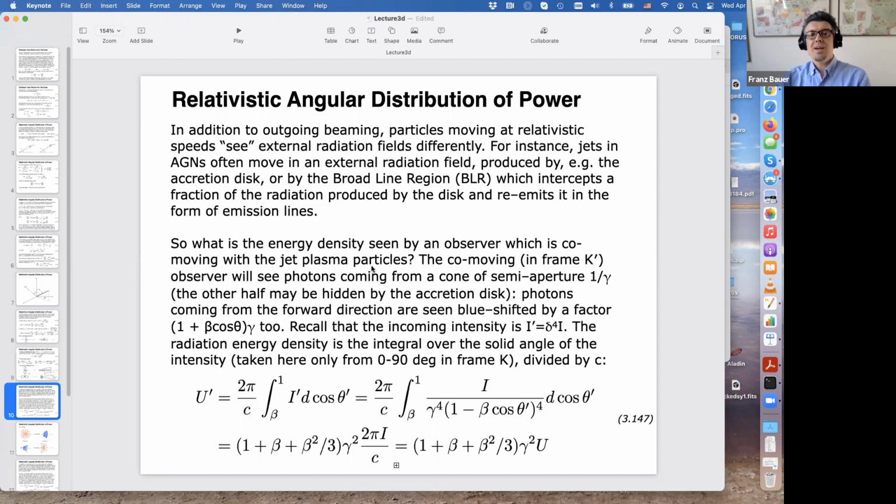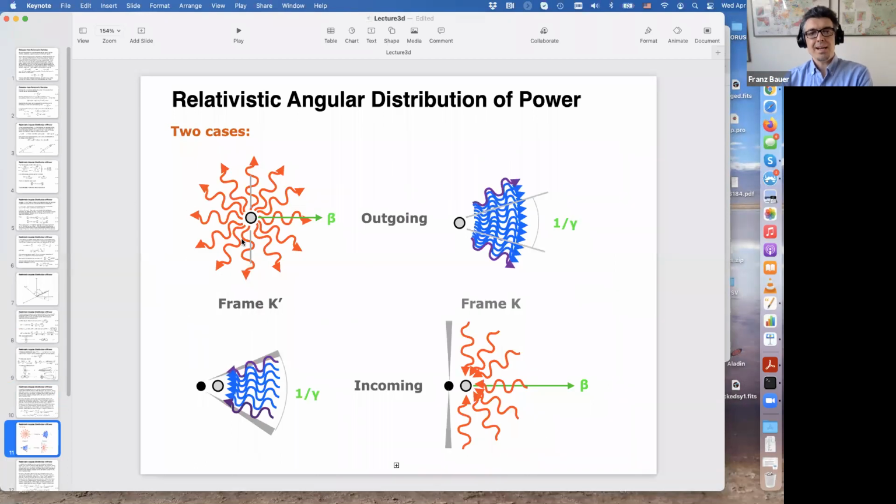So we have some energy density of radiation, which is isotropic and maybe uniform outside of that frame, and we want to translate it into what the blob or the jet plasma particles see. I had initially given you this case, which is that we have some particle which is moving with respect to us and is emitting isotropically.